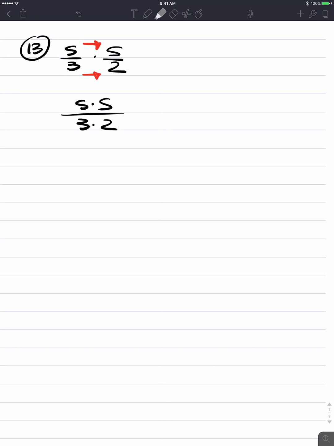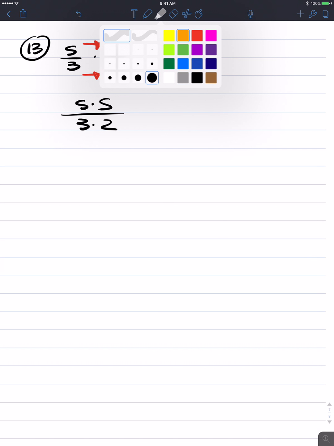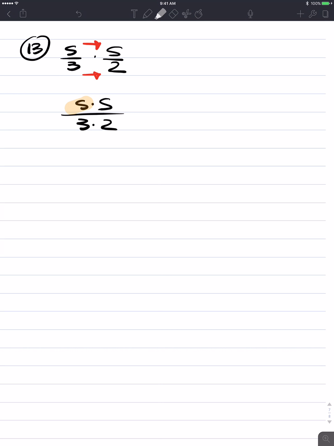If we take a closer look at these numbers, 5 is prime, the second 5 is also prime, 3 and 2 are primes. We cannot cancel. We don't find the same prime on top and bottom. So that means we're done. If we multiply, we get 25/6. This fraction is reduced or simplified.